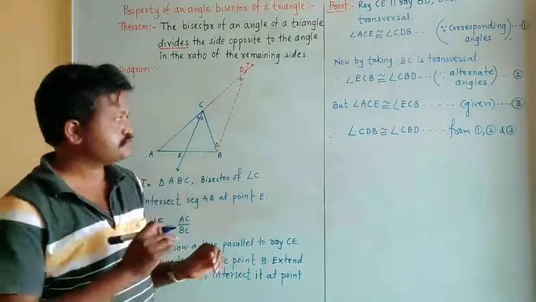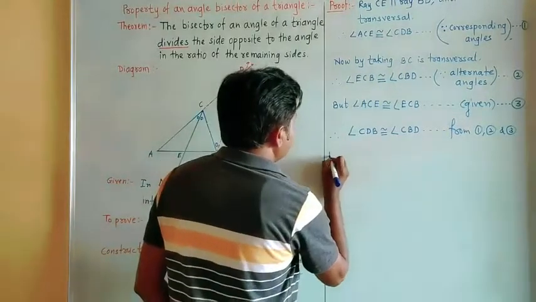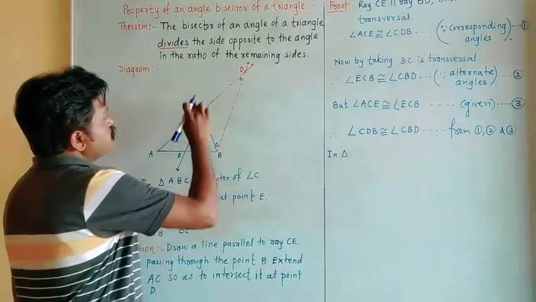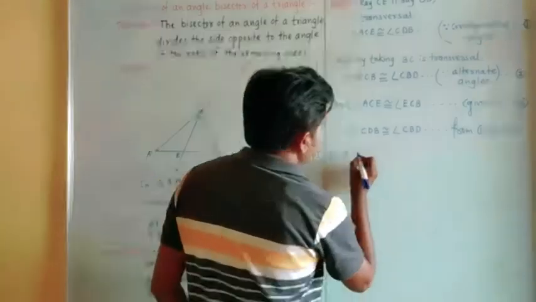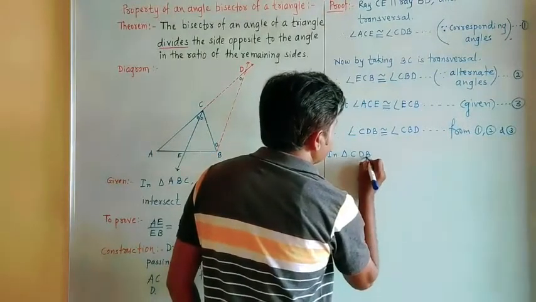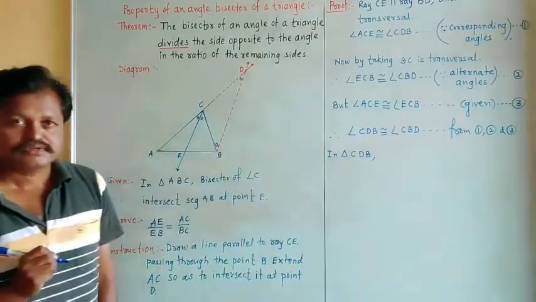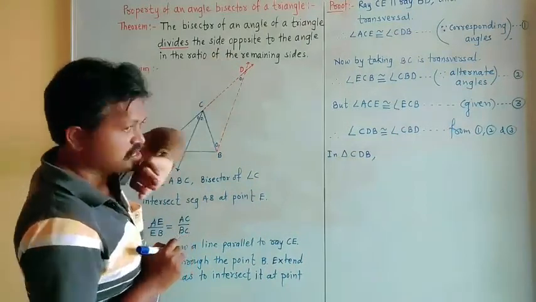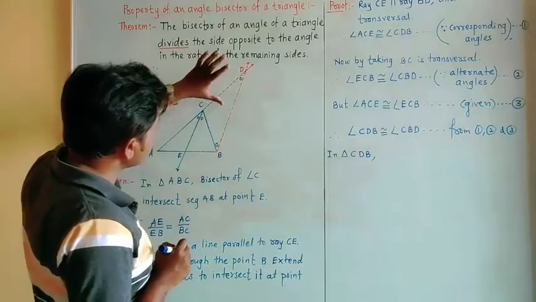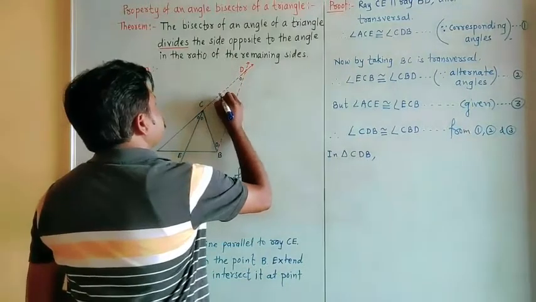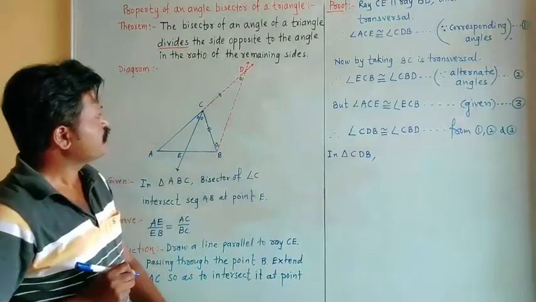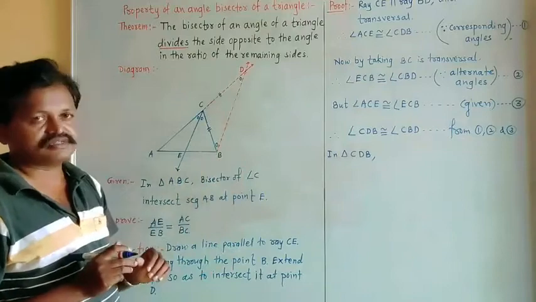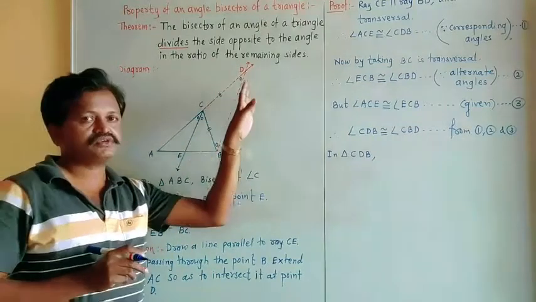So I write again, in triangle CDB, these base angles are congruent. Therefore, these opposite sides are congruent because they are sides opposite to congruent angles.